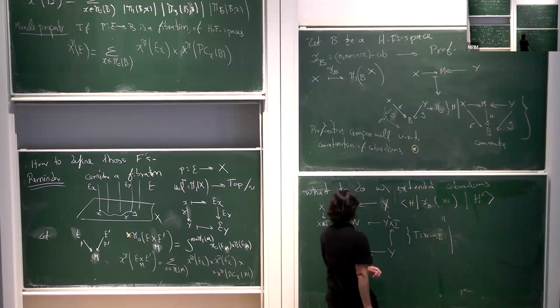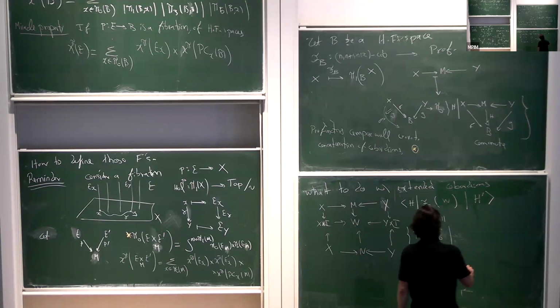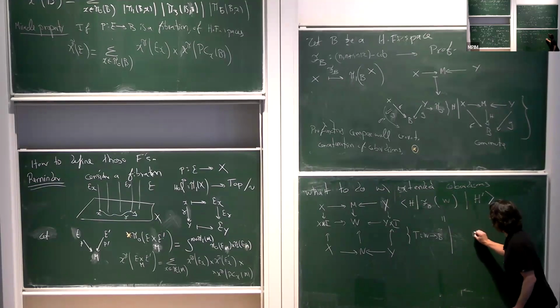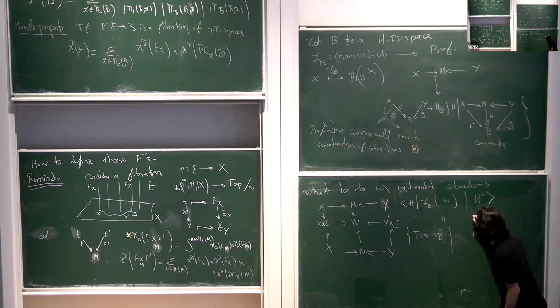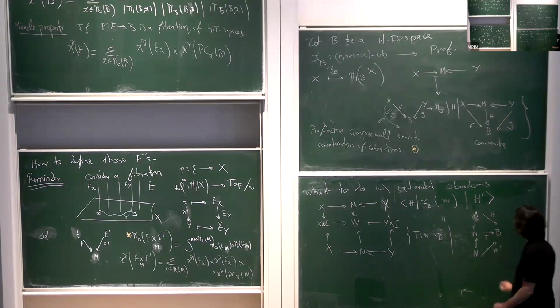Now I need to consider a certain commutative diagram, which I think is this diagram here. So maps from T to B, with restriction to M is H, to N is H prime.